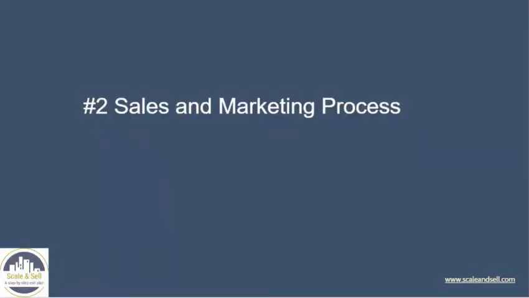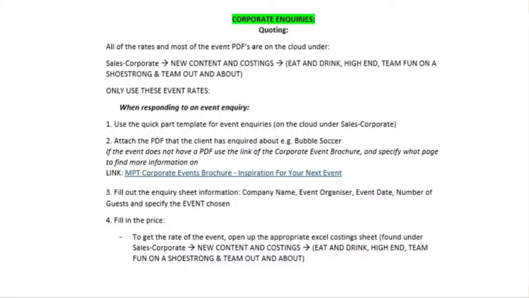Next, a potential buyer really wants to see that you've got a sales and marketing process built out. So here's an example of what mine looked like for the corporate side of our business.